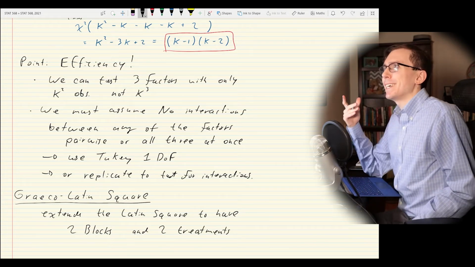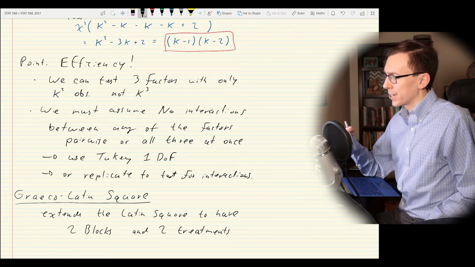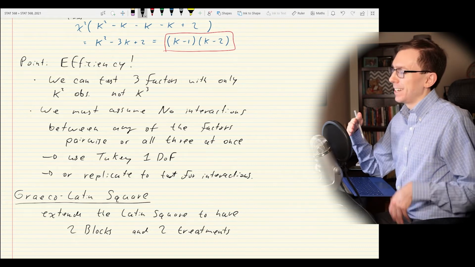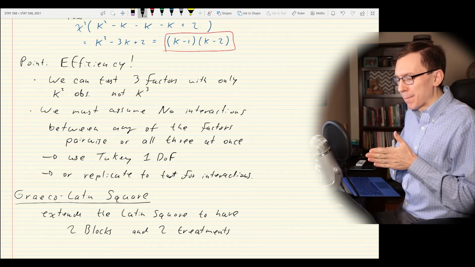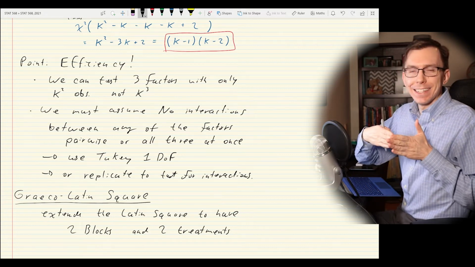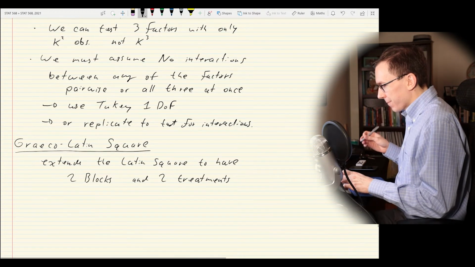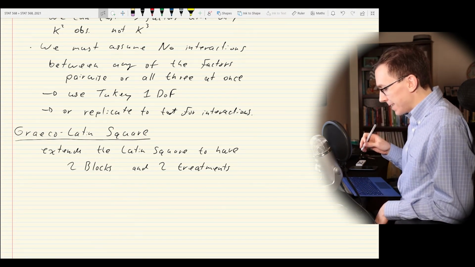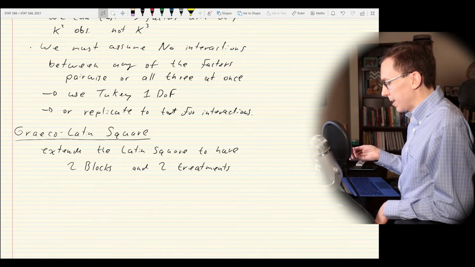Again, strictly speaking, they don't have to be 2 blocks and 2 treatments. You just have 4 different factors. But again, this is coming from the agricultural setting where you're actually blocking by row and column within some actual plot of land that you're chopping up. So that's the traditional setup, 2 blocks and 2 treatments.